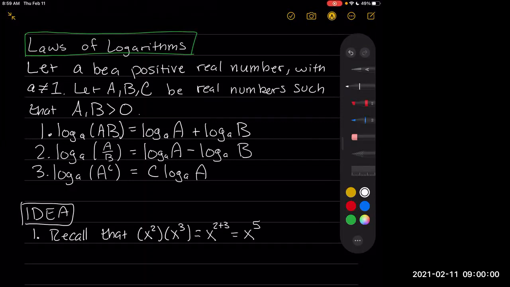So this is similar for a raised to the A times a raised to the B. This will equal a raised to the A plus B. And that's why in 1, when we have the A and B multiplied, we can separate them as log of A plus log of B. That's the idea behind this. So the log function respects this behavior.